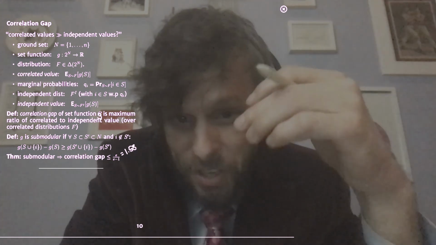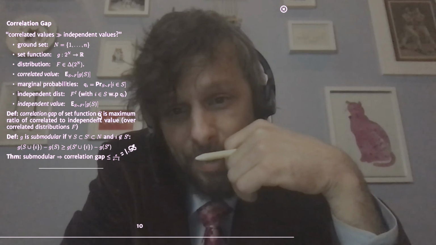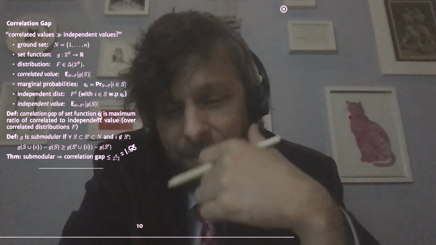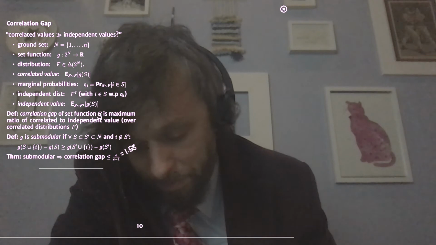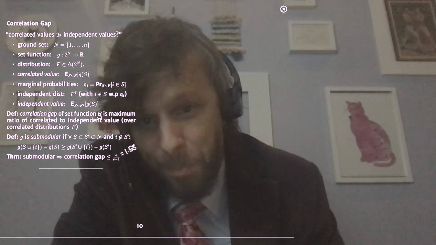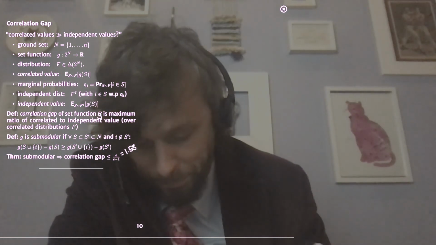The correlated distribution can't be that much more. If you wanted an upper bound on the correlated distribution, it's e over e minus 1 times whatever your analysis is of the independent distribution. So this theorem is useful in many surprising places, and one of those places is going to be approximation of posted pricing.